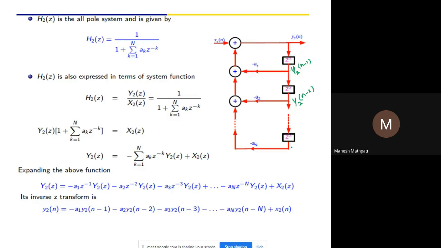So likewise, if you go on passing this y2 of n through these delay elements, we'll get the output finally. क्या मिलेगा यहाँ पे लास्ट को? So y2 of n minus n रहेगा यहाँ पे. Okay. So finally इसको सबको ऐड कर रहे हैं हम. So that will be the block diagram representation for this second part, like the delay element again.